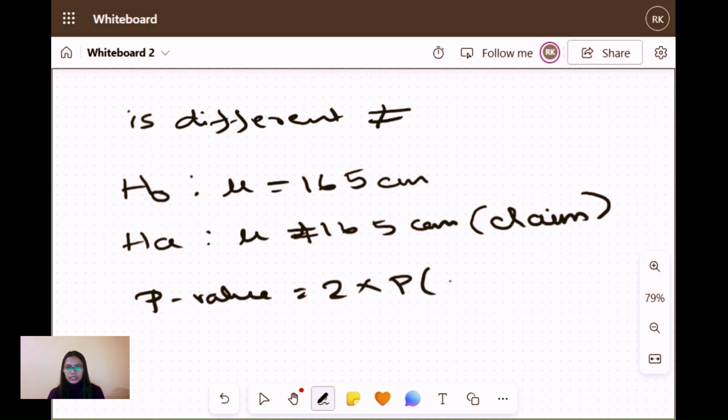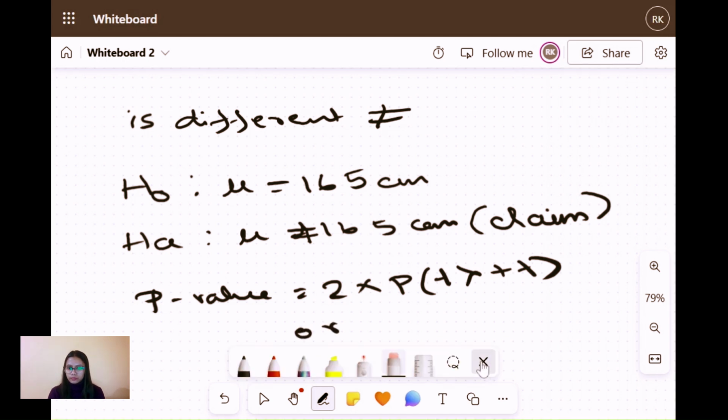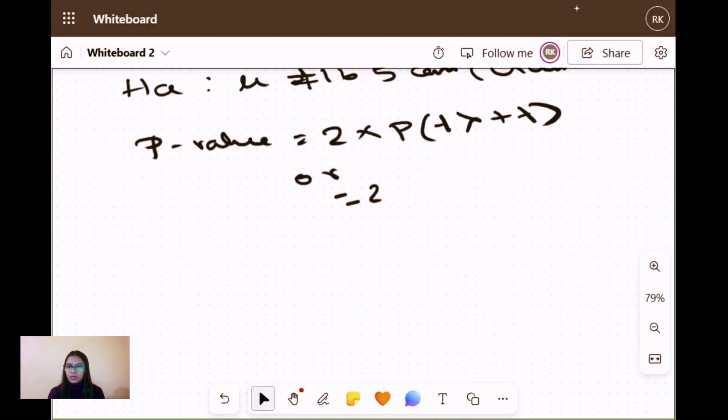If the t statistic is positive, then we will do this, and if t is negative, then the p-value is 2 times the probability of less than minus the t statistic.